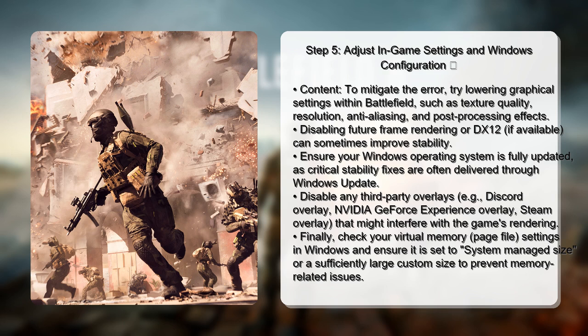Disable any third-party overlays, such as the Discord overlay, NVIDIA GeForce Experience overlay, or Steam overlay, that might interfere with the game's rendering. Finally, check your virtual memory page file settings in Windows and ensure it is set to system managed size or a sufficiently large custom size to prevent memory-related issues.